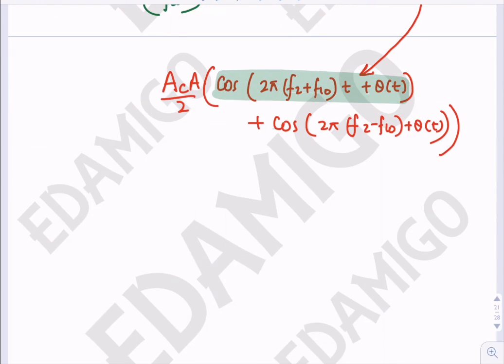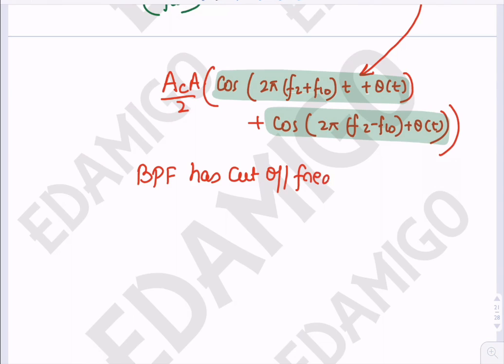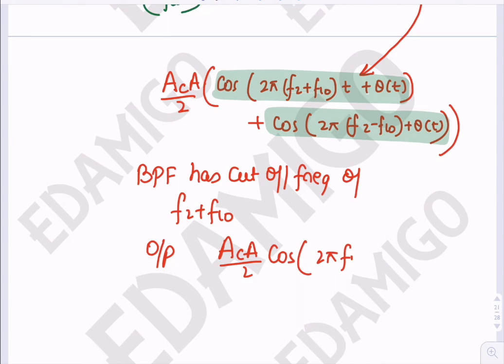Now if the band pass filter has the cutoff frequency of f2 plus FLO, then the output will be some constant AC into A divided by 2 cos of 2 pi FLO plus F2 plus theta t.